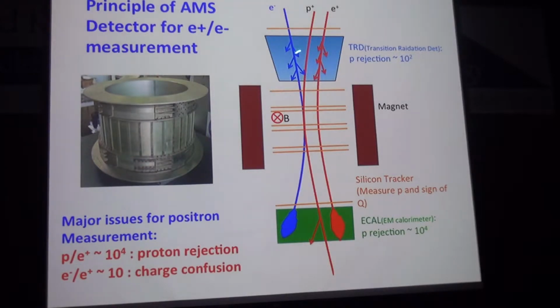The design goal is to reject proton by a factor of 100 and a factor of 10,000. The combined rejection can reach about a million, 1 to 10^6. So we will be able to measure the positron without much background from the proton.